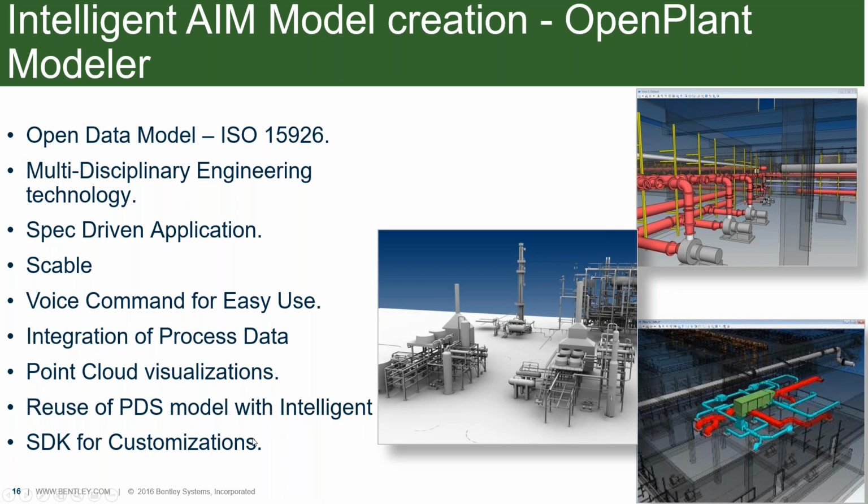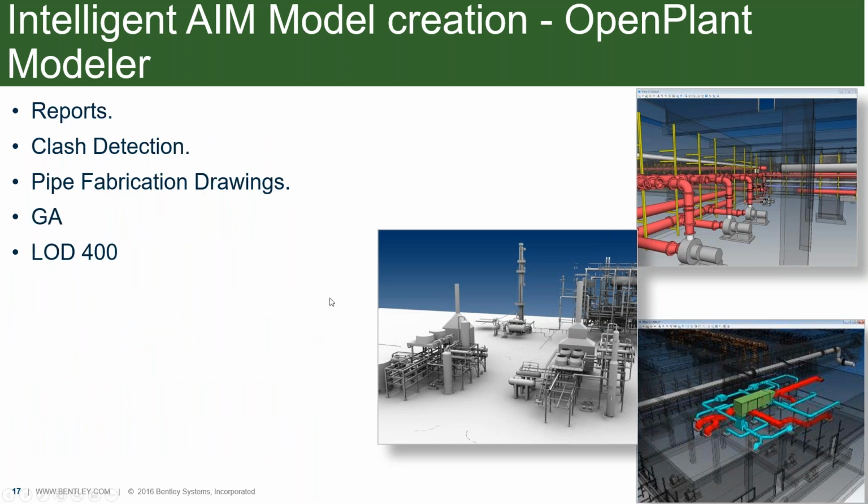Moreover, we are delivering the application along with the SDK, where the engineers can customize the software according to their need. For example, if they need special equipment, they can create it on their own as parametric equipment. We are open to allow the user to do all the customizations.